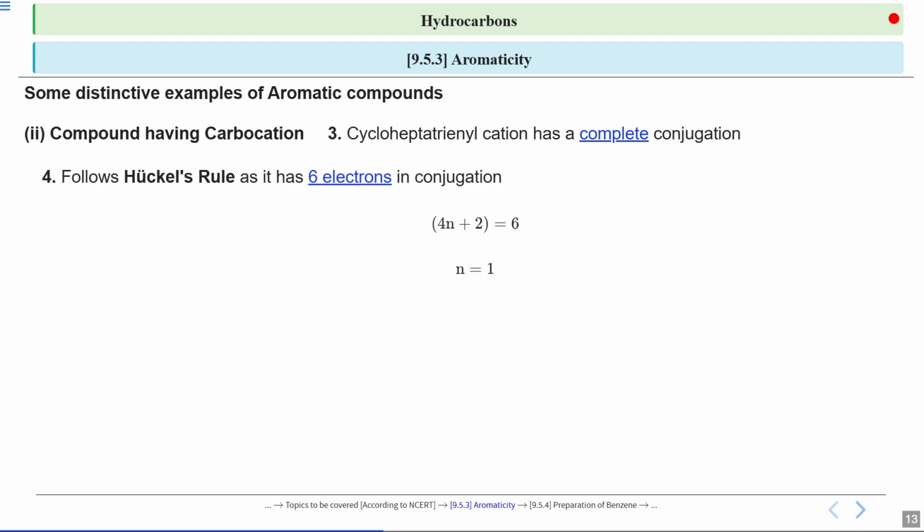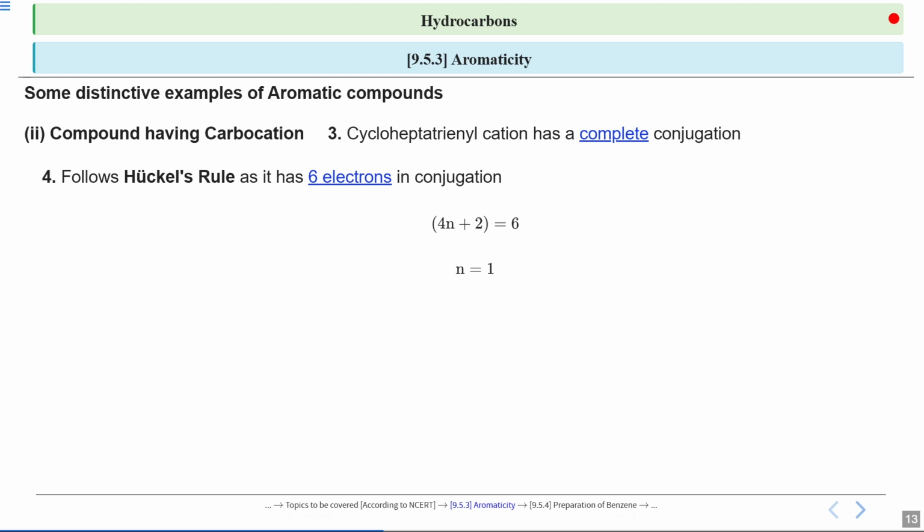Now, looking at the fourth criterion, Huckel's rule. We know that it states that your system should contain 4n plus 2 pi electrons in the conjugation, where n is a whole number. In this case, the cycloheptatrienyl cation has 6 electrons in its conjugated system.